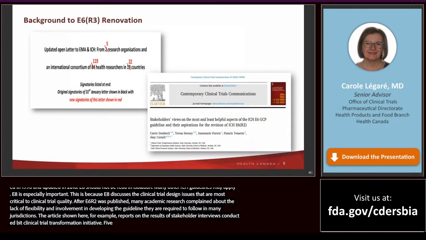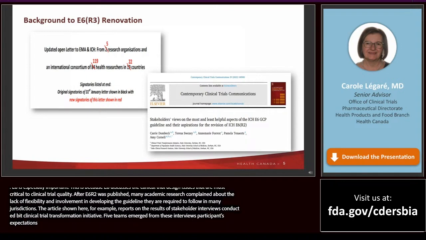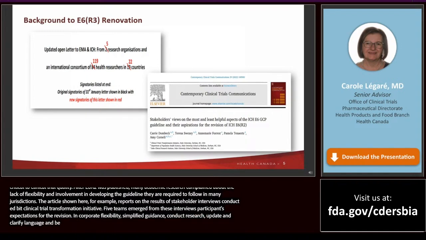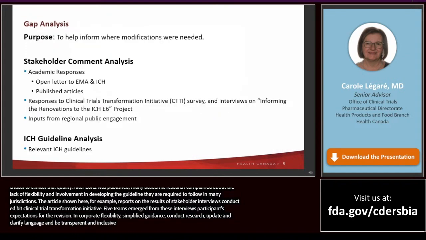Five themes emerged from these interviews on participants' expectations for the revision: incorporate flexibility, simplify the guidance, accommodate advances in research conduct, update and clarify language, and be transparent and inclusive.